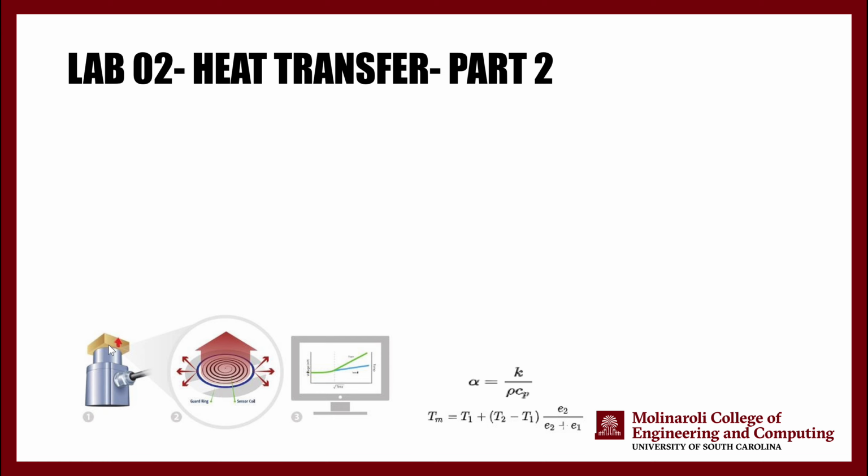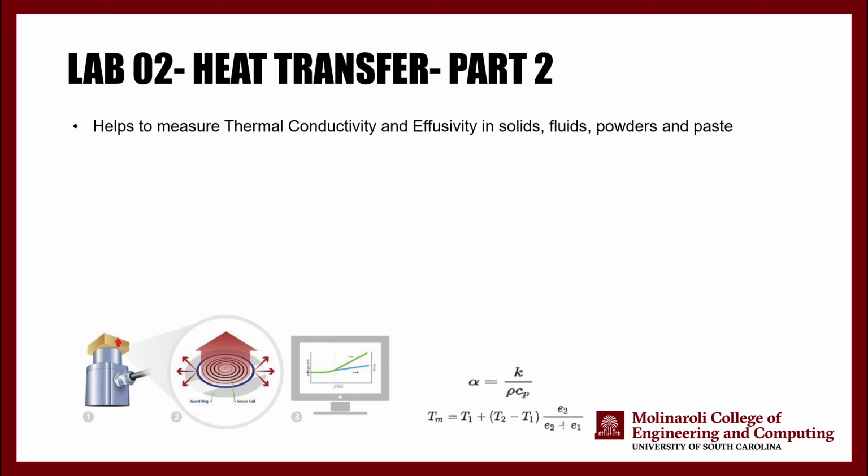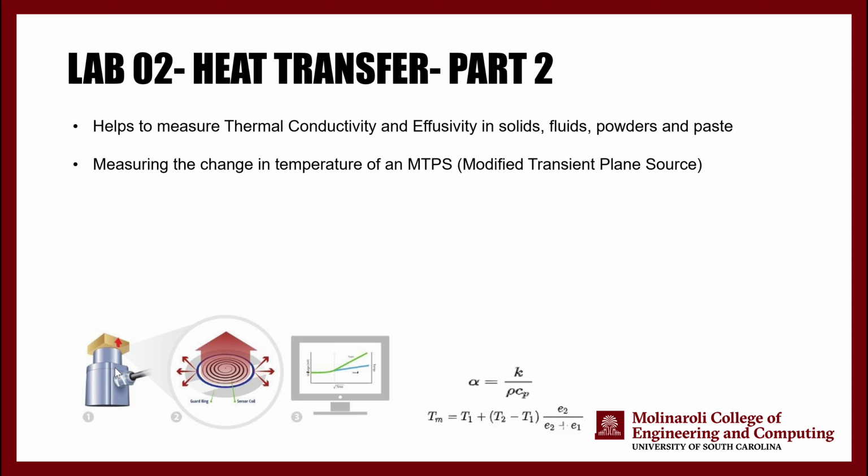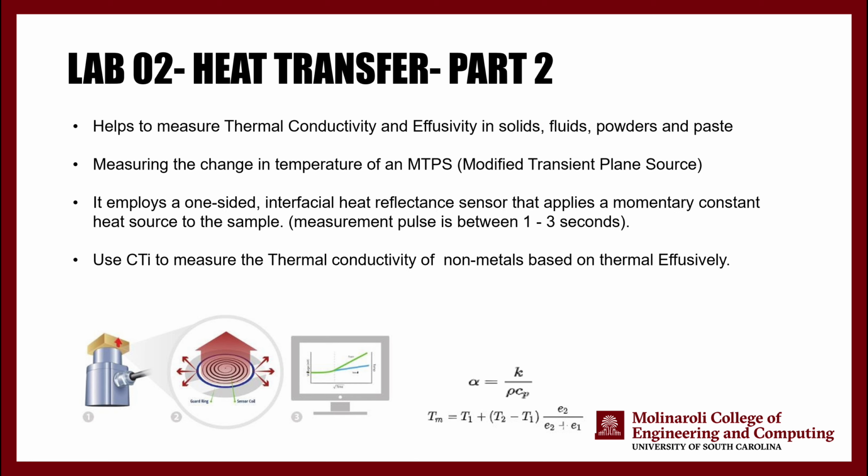These electrical pulses are going to cause a temperature change at the surface of this material, which in turn is going to cause a voltage drop in your circuitry. All of this is used by the computer to convert that voltage drop to the conductivity of the material. So there is no calculation done here.